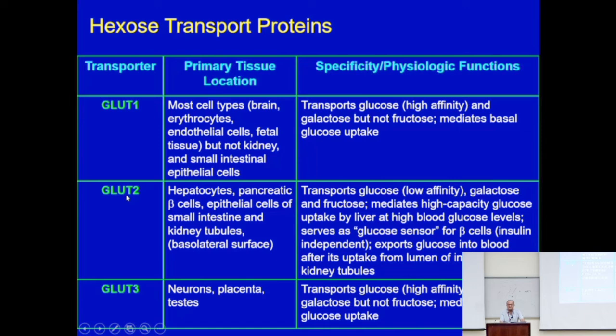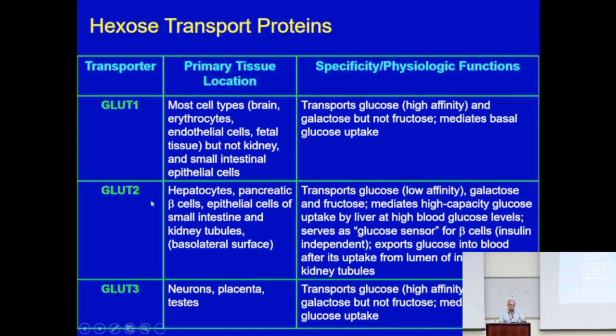GLUT2 is extremely important. Very important transporter, mainly because of two things. It's exclusively found in the liver and pancreas, mainly the liver, really, of the important part. And this transporter is unique in that it's bidirectional.